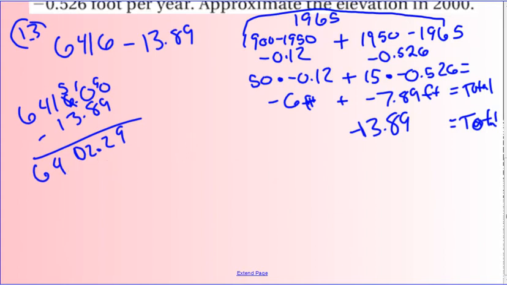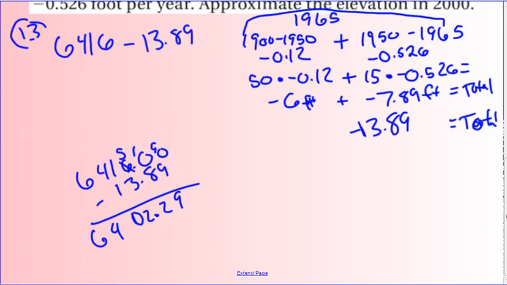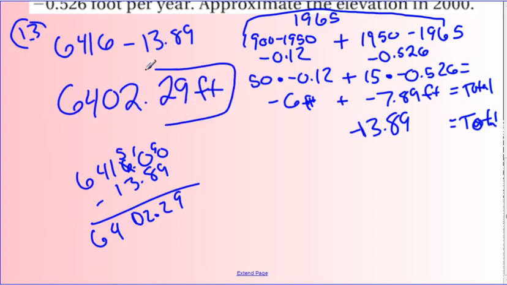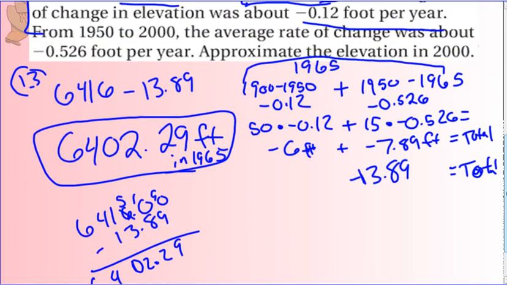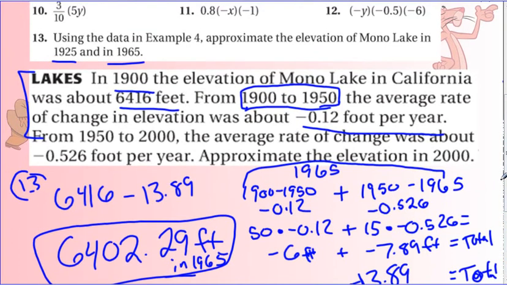So the new height of Lake Mono in 1965 that we got after this little subtraction was 6,402.29 feet in 1965. So it's the same idea as the problems we were doing before, just a little bit more. And we don't have to do this because that was the original problem from example 4.